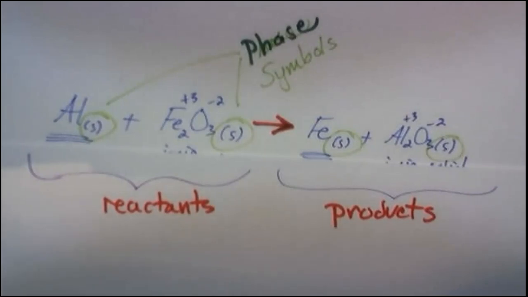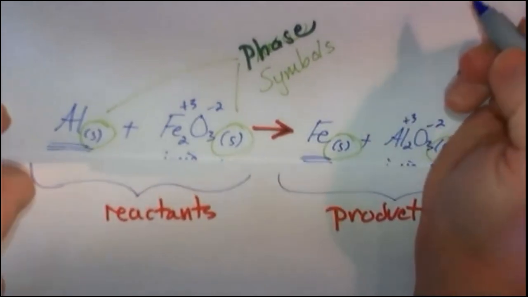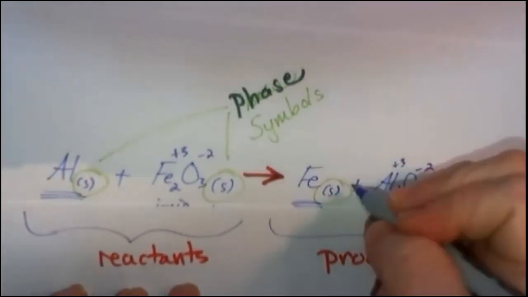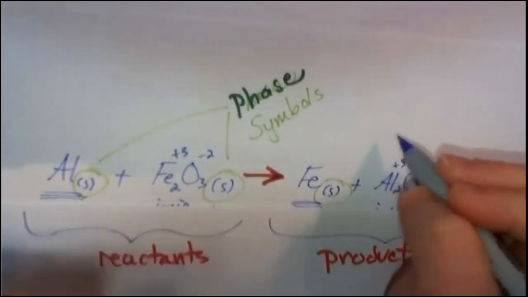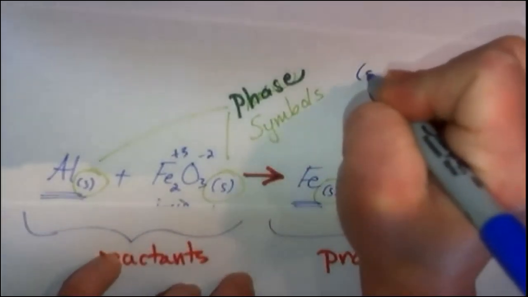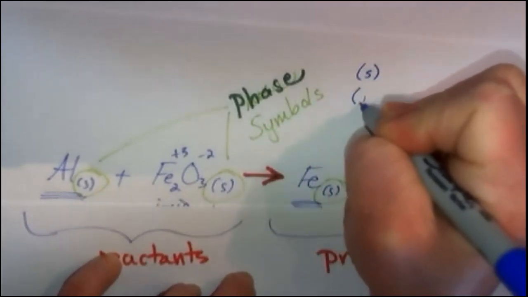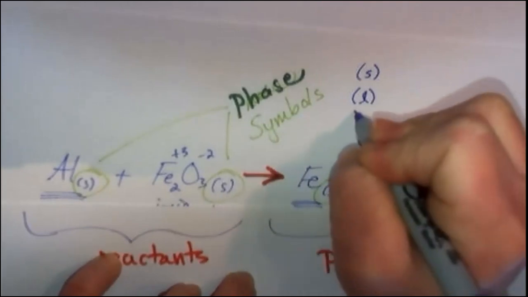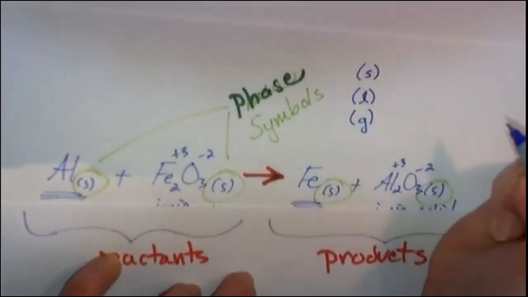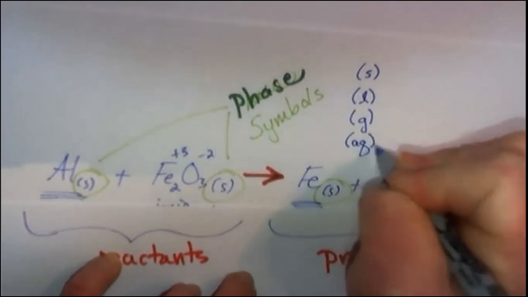All right. So Olivia, I am sure once I list the different phase symbols that you'll be able to tell me what they represent. So we could have a lowercase s, we could have an L, but usually it's a cursive L. We can have a G, and we can also have an AQ.